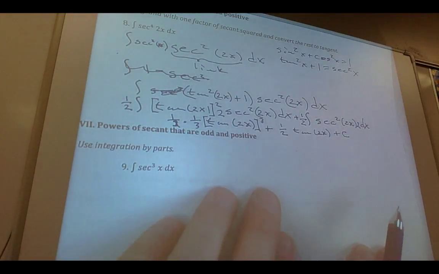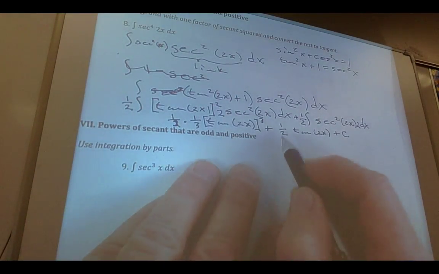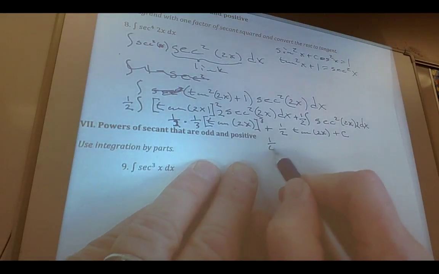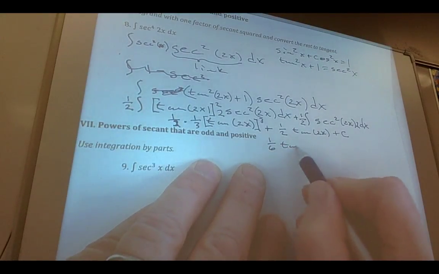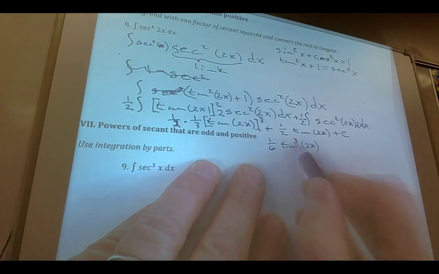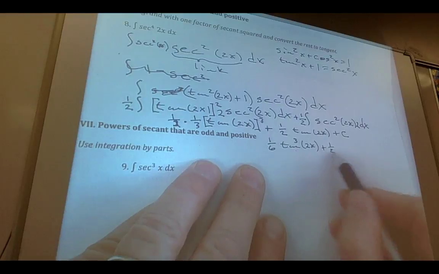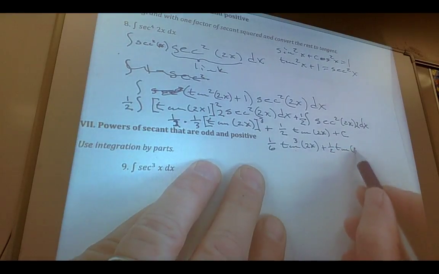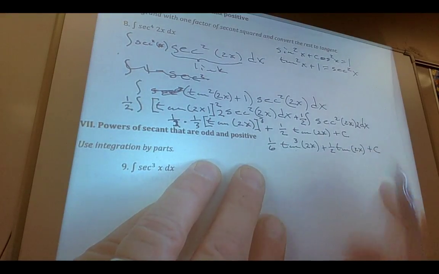So my final answer is 1/6 the tangent of 2x, that cubed, plus 1/2 the tangent of 2x plus c.